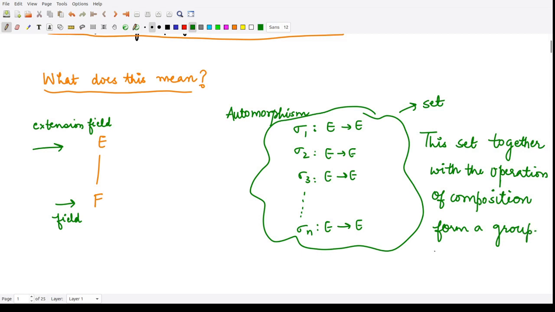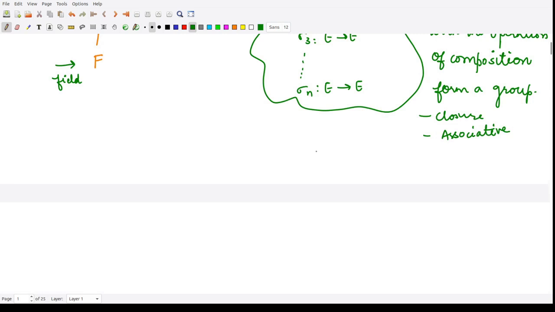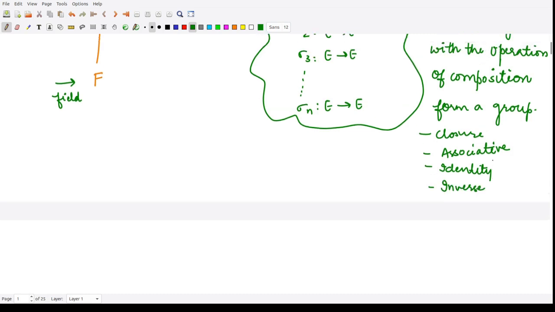That means it will satisfy the closure property, it will satisfy the associative property, then it will satisfy the identity property and inverse, existence of inverse for every element, for every mapping.